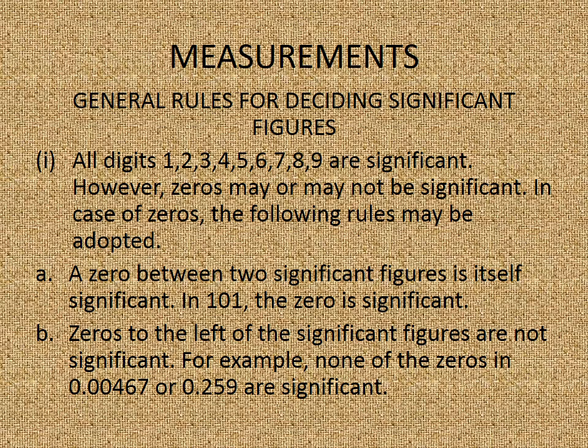A: a zero between two significant figures is itself significant. In 101, the zero is significant. B: zeros to the left of the significant figures are not significant. For example, none of the zeros in 0.00467 or 0.259 are significant.